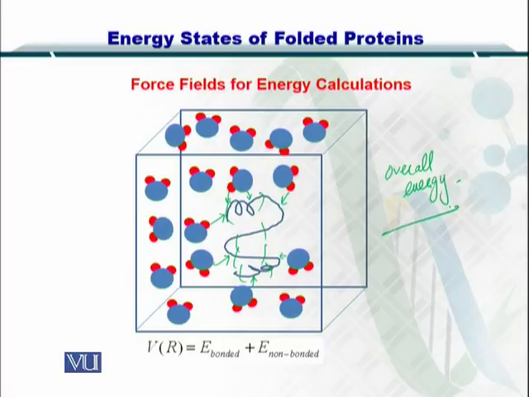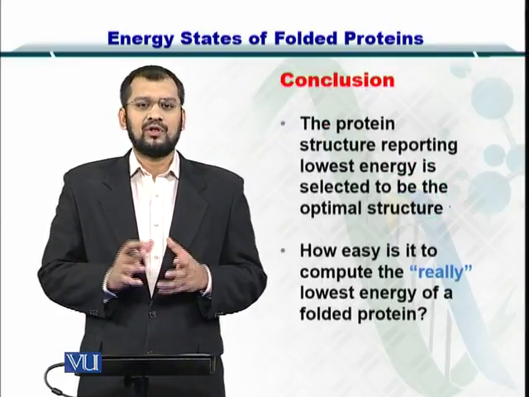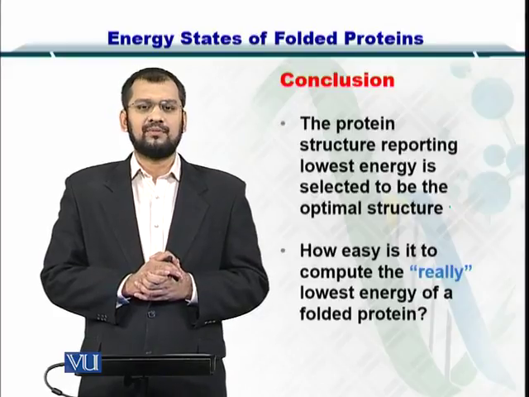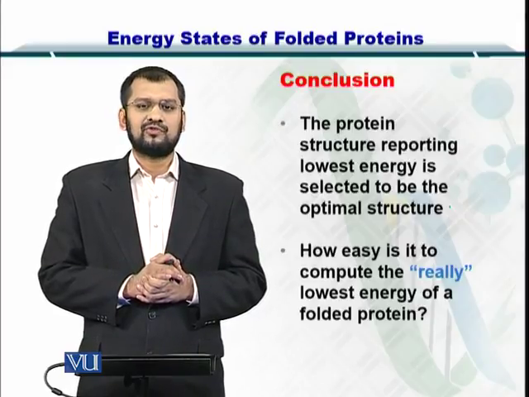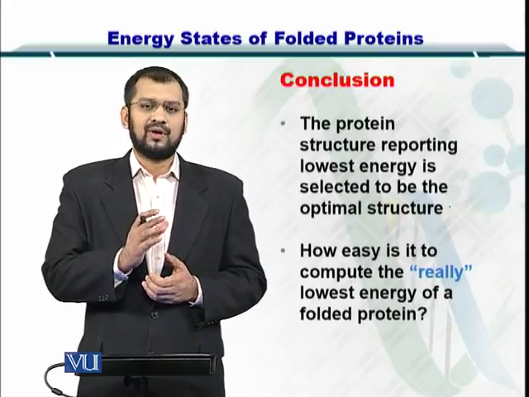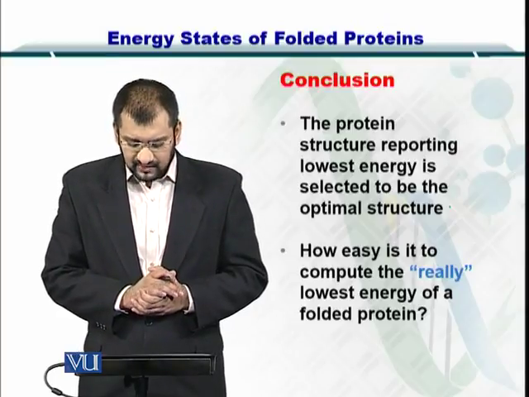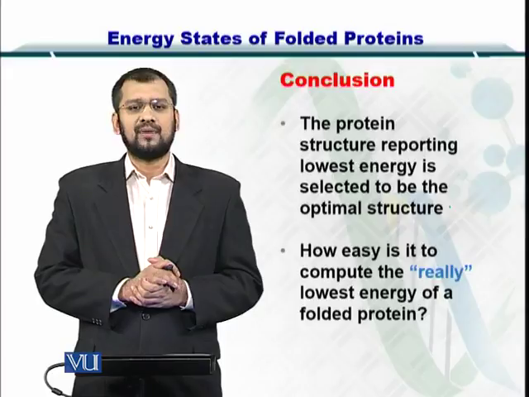So in this way, you have your protein in a force field, and the environment comprises water, and all you're trying to count is the number of bonds that are made between the protein atoms and the water molecules. Once you have computed the energy of all possible predicted protein structures, you simply sort them by the energy content of each predicted structure, and the one with the lowest energy is the correct prediction. So this is the strategy that is used in ab initio methods.